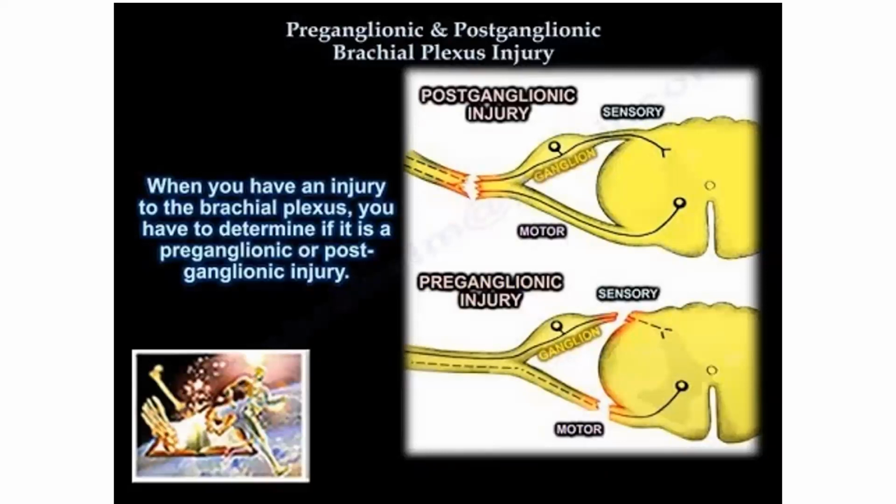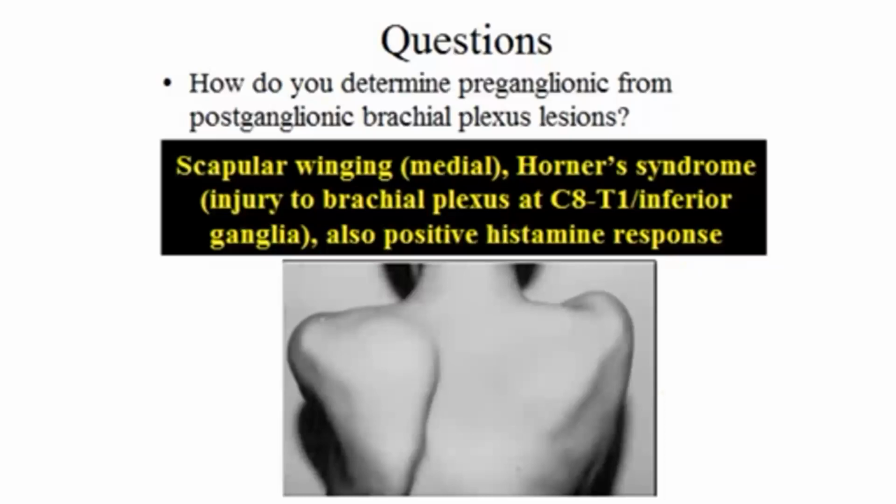You have to know about preganglionic and postganglionic injuries, which one is worse prognostically. You have to know about winging of the scapula, and if the patient has Horner's syndrome, it tells you that it is preganglionic. So this is important.